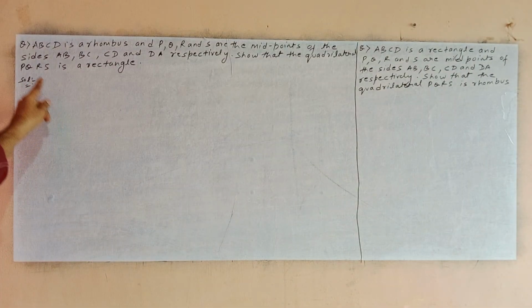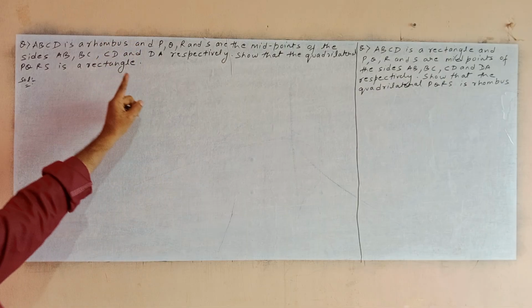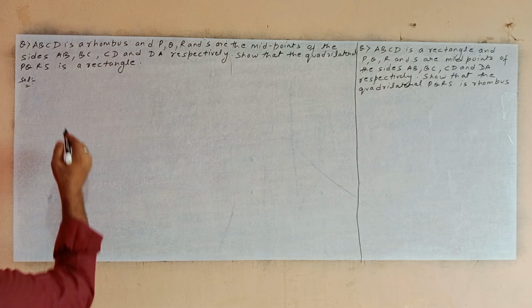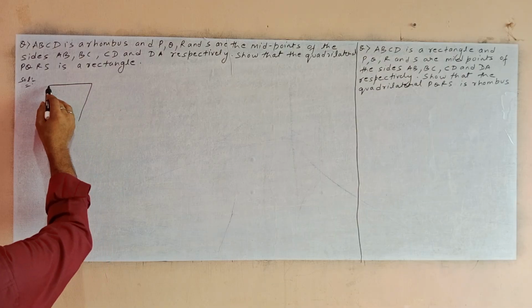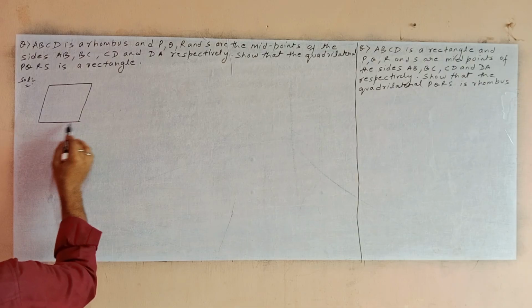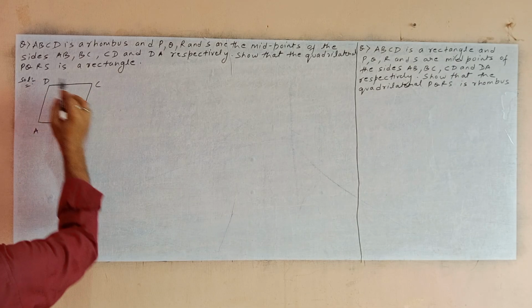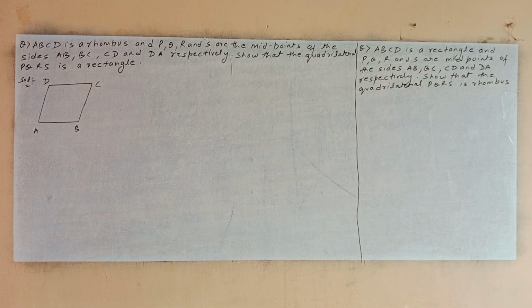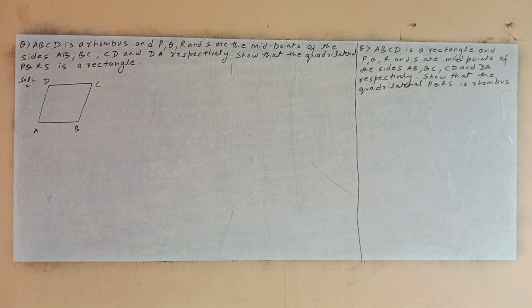See, question number one is saying that ABCD is a rhombus. Okay, so make here ABCD is a rhombus. And P, Q, R, S are the midpoints of the sides AB, BC, CD and DA respectively.